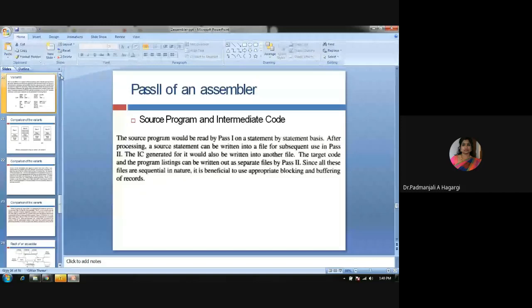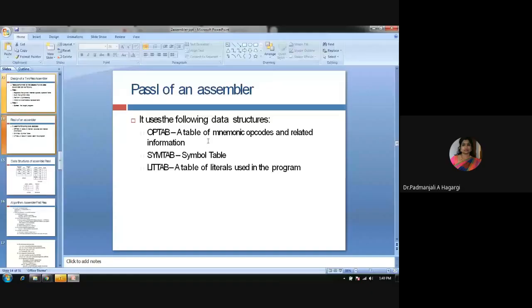In pass 1, it uses the following data structures: the OPTAB and SYMTAB. The OPTAB has the mnemonic opcodes and related information like the length of the instruction and the type of the instruction.